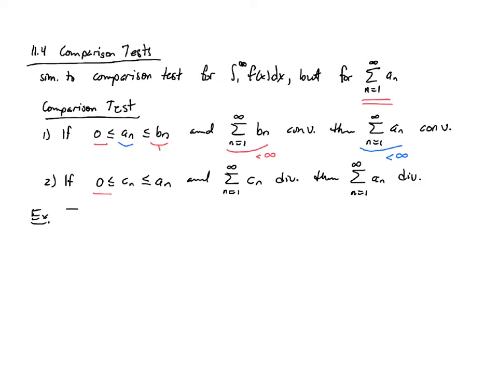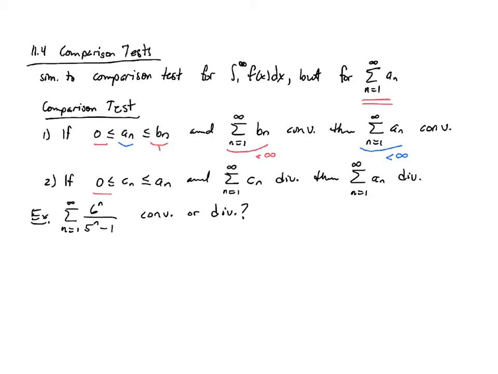Let's decide whether or not the summation n equals 1 to infinity of 6 to the n over 5 to the n minus 1, does this converge or diverge?